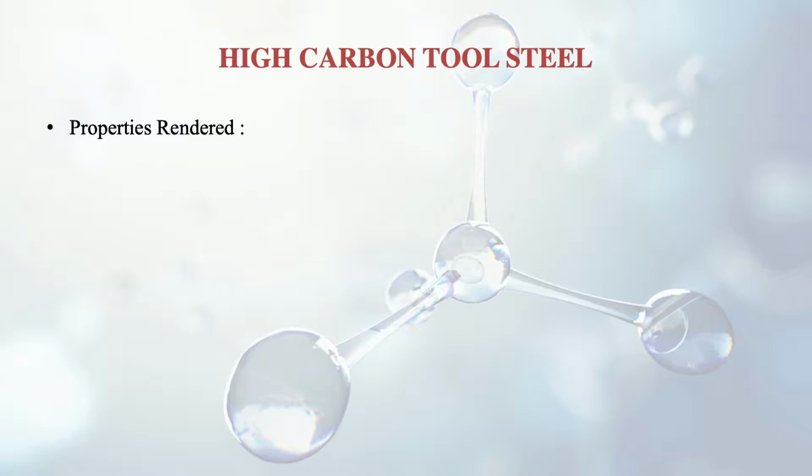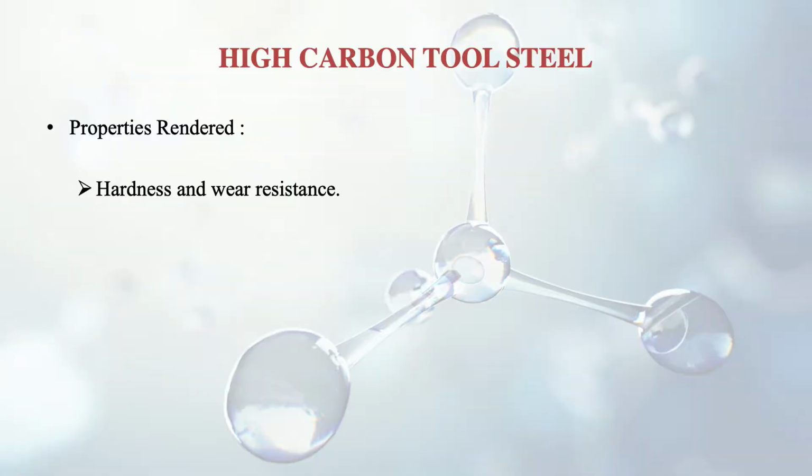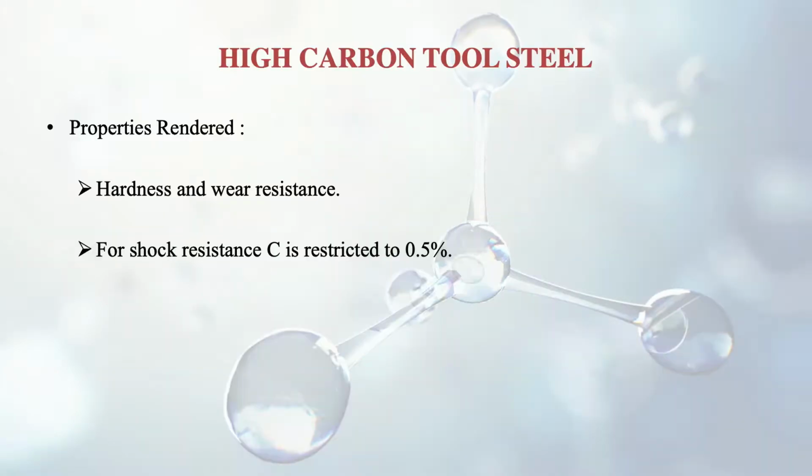And what are the properties of these high carbon tool steels? Like I said before, hardness and wear resistance are among the main properties, and it should have shock resistance also, because suppose you are working on a lathe, when you are cutting something, vibrations and shocks will be there. For that, carbon is restricted to 0.5%.